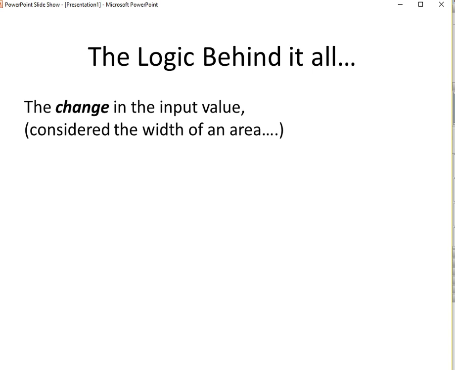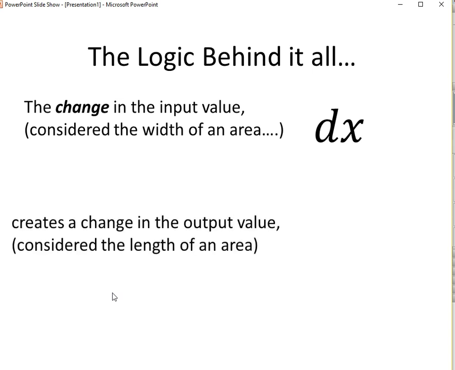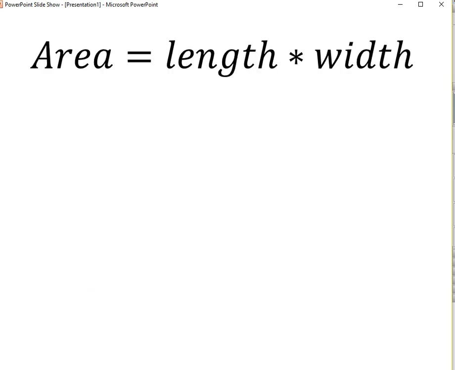So the logic behind it is the change in the input value known as dx, which in an area is considered to be the width, results in change in the output function, f of x, the curve on the graph, and we'll consider that the length of the area. We know from geometry area is basically length times width.